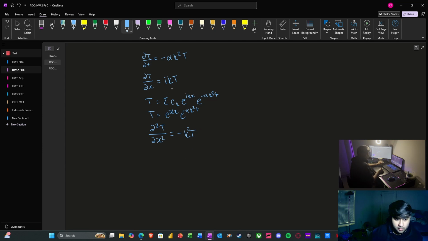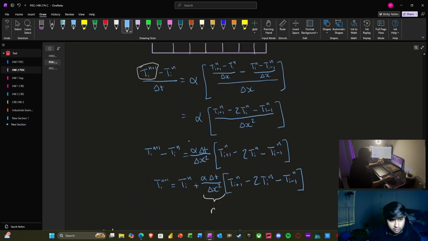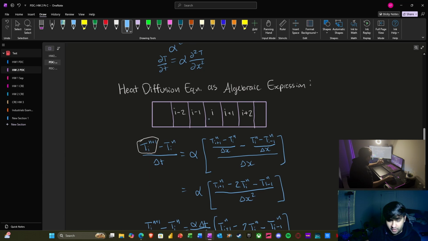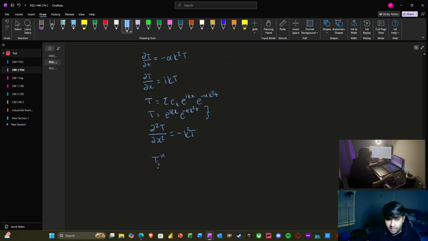And now what we're going to do is we're going to take this equation right here and we're going to tune it to fit our location-wise on our tube. So how we did in i minus 2, i minus 1 to account for that, we're going to do the same thing with j, but use this equation.